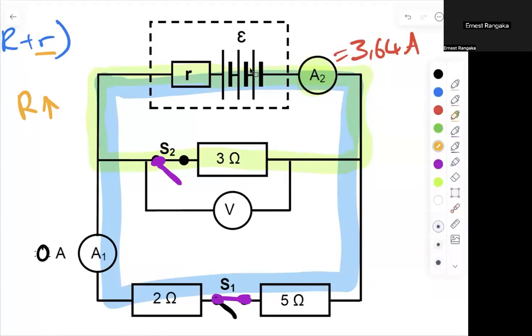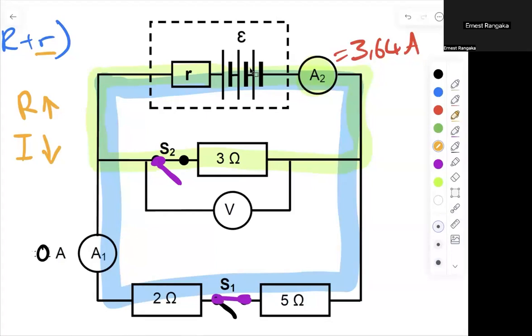Now, when resistance goes up, what happens to current? Remember, when my resistance increases, what does resistance do? It opposes the flow of charge. It really slows down, it works against my current. So when my resistance goes up, my current goes down. Very important. When my resistance goes up, my current goes down.